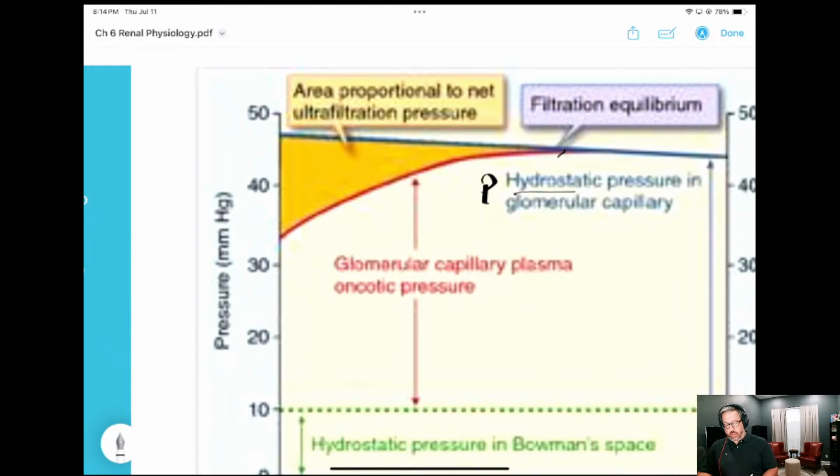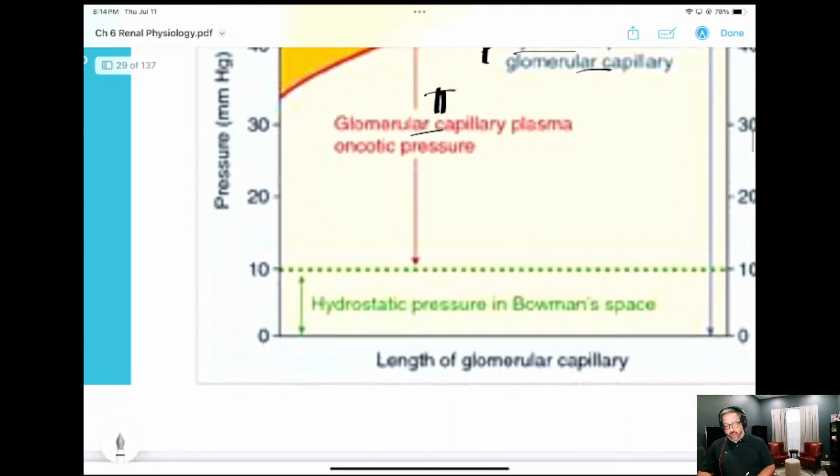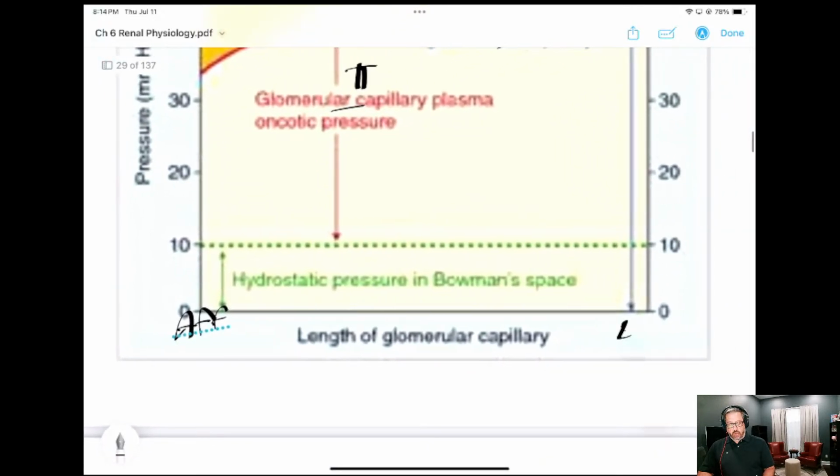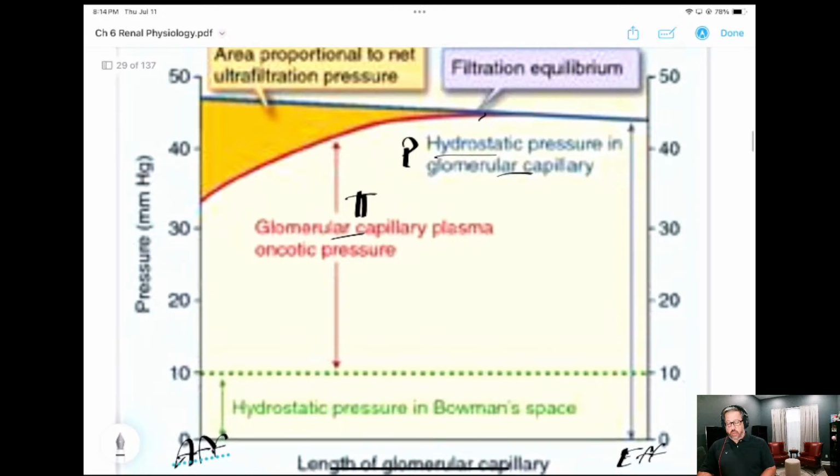Red line, oncotic pressure. Both glomerular capillary. As we start on the afferent side and we go towards the efferent, hydrostatic pressure starts to decrease a little bit as we go down the capillary. Why? Because we are losing this fluid into the urine.